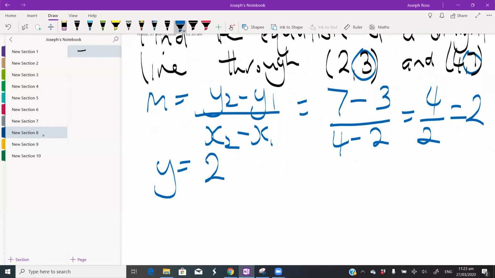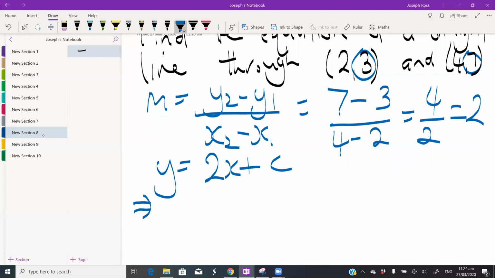So we don't know what the y-intercept is here, but just like what we've been doing with the previous questions, what we can do is substitute one of the points that you're given, which is either 2, 3 or 4, 7, into what we've got so far as our equation. And I think you'll agree that the easiest point to work with there would be 2, 3. So x is 2, y is 3.